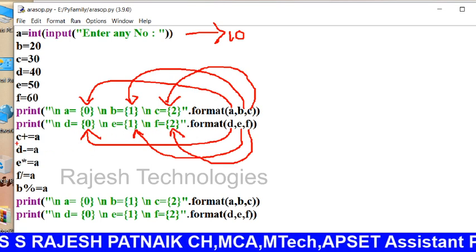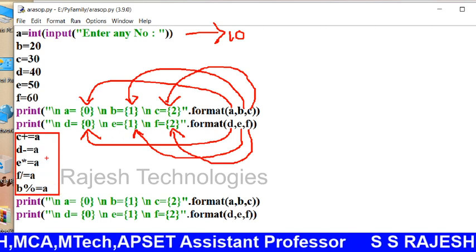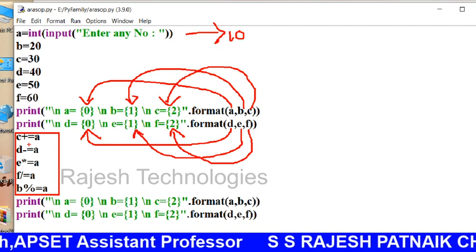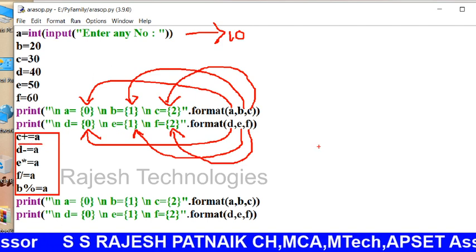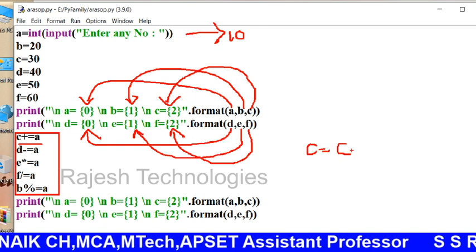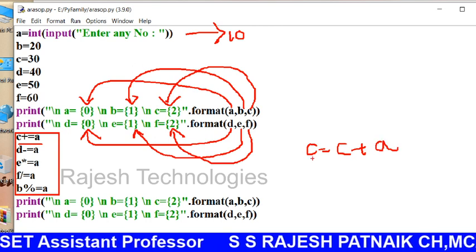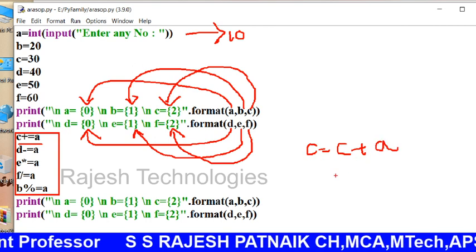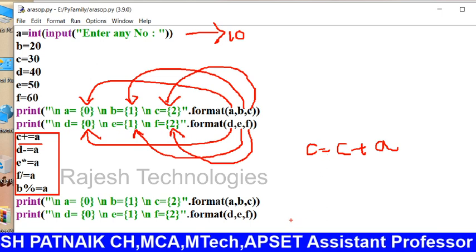Okay, next, after that we are going to apply some operations here. These operations. C plus equals to A means what is the meaning of that? C equals to C plus A. Whenever both the operators here and here are the same, this plus will come in front. Okay, actually in the mathematics rules.